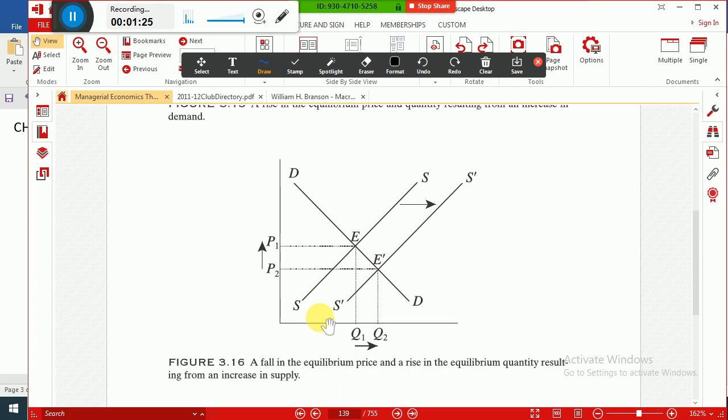So when, for example, due to any factor other than own price, supply increases, the new supply curve S dash S dash intersects the demand curve at point E dash, where in the new situation price has decreased from P1 to P2 and equilibrium quantity has increased from Q1 to Q2.